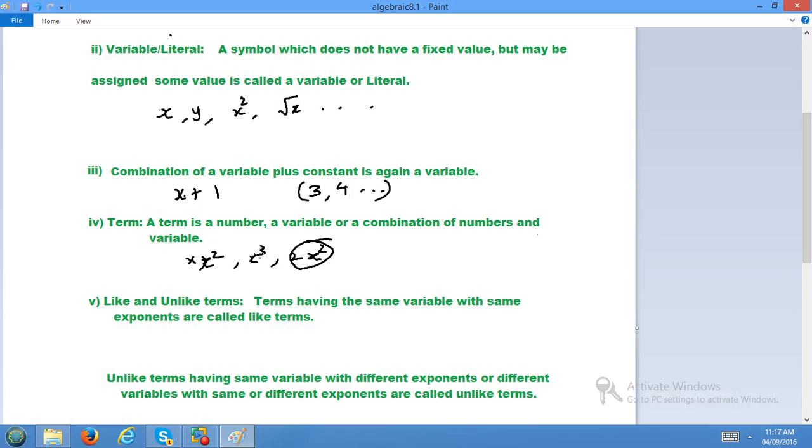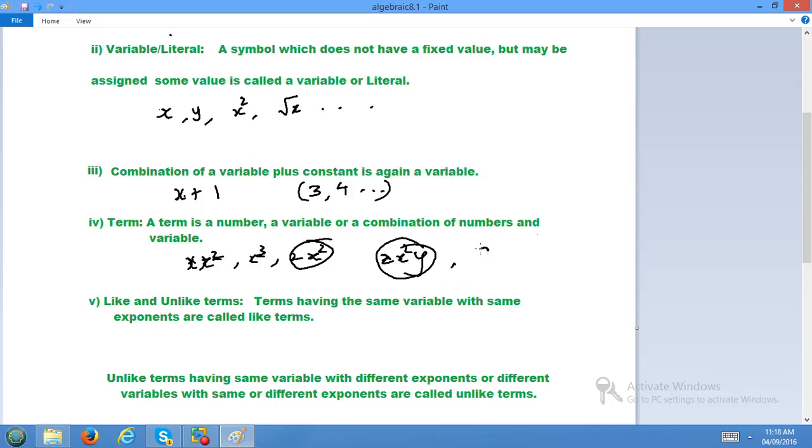What about the powers? Powers may be 2, 3 or anything. Regarding power, we will deal with it separately next. A term can also be complicated. It can be 2x square y, and this entire thing is one term.